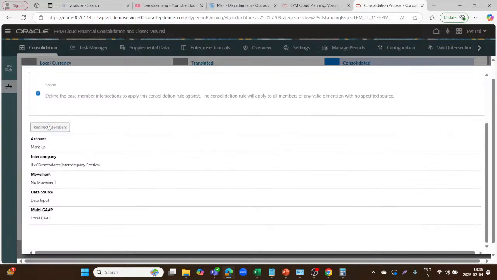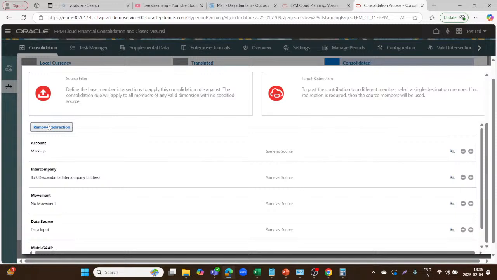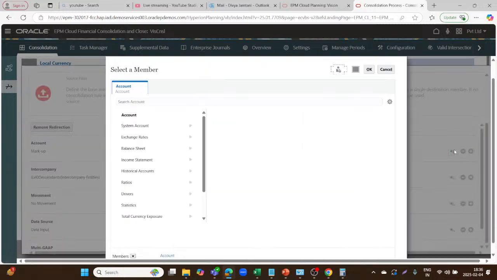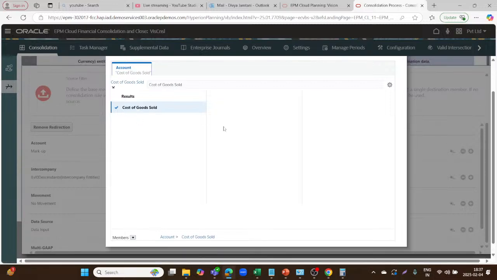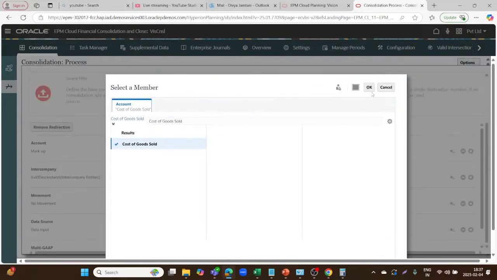I'll go to redirect members. So account, now here for cost of sales, I want the account to be cost of goods sold. Here because I want to adjust for this particular rule, markup with cost of goods sold.